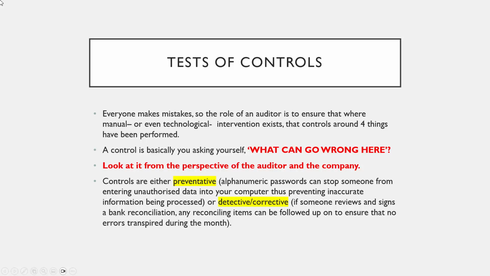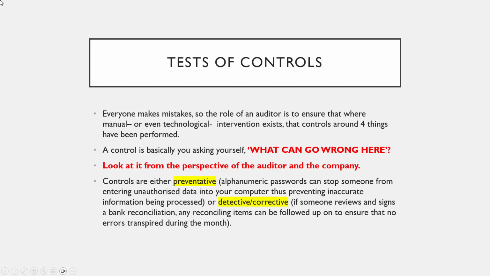Now, say these reconciling items are a problem. There's 10 Rand more in our bank account, or let's say 100,000 Rand more for materiality purposes. There's 100,000 Rand more in our bank account that shouldn't be there. It should have been allocated to something else. Then you can pass a journal to correct that particular misstatement.